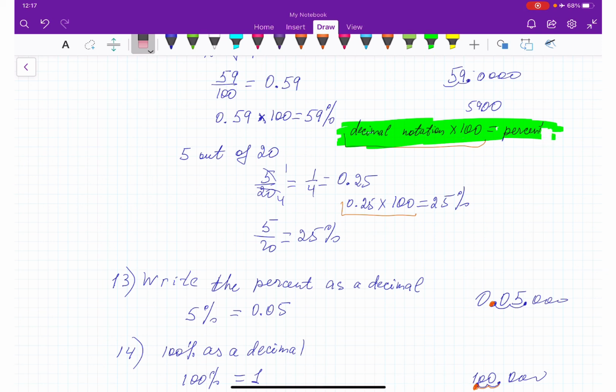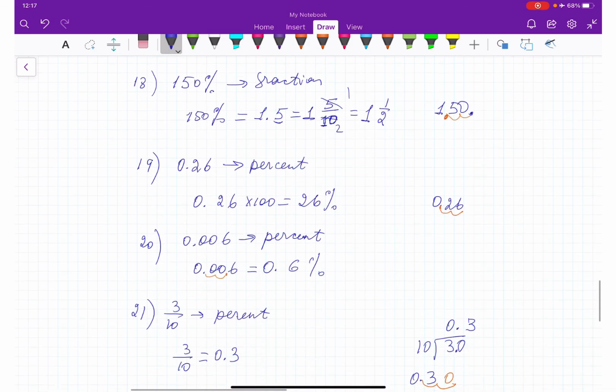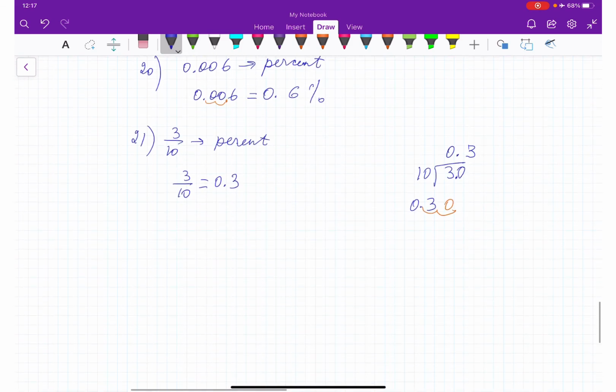Yes? Okay. All right, moving here. This is 21. Let's solve 22. Oh, wait a minute. Yeah, it's going to be 0.3 is equal to 30%. Moving by two positions.